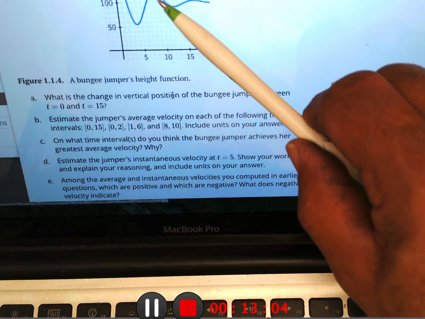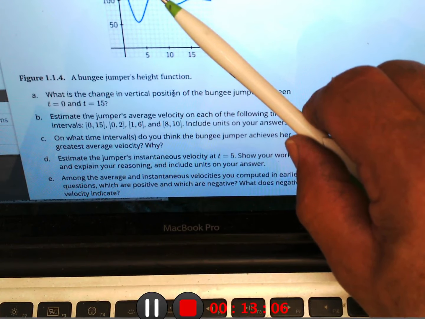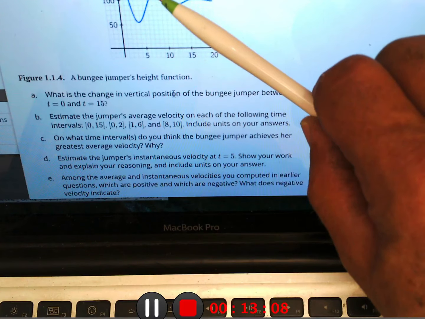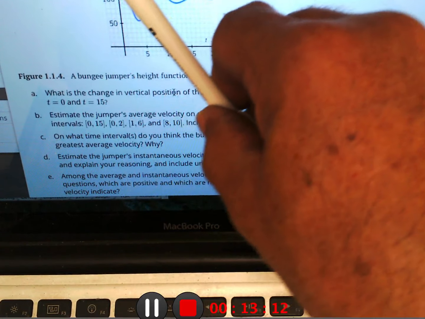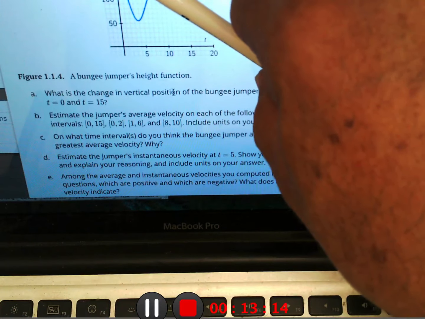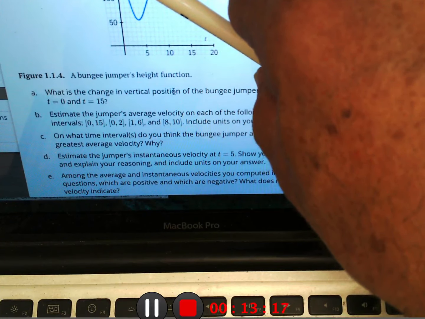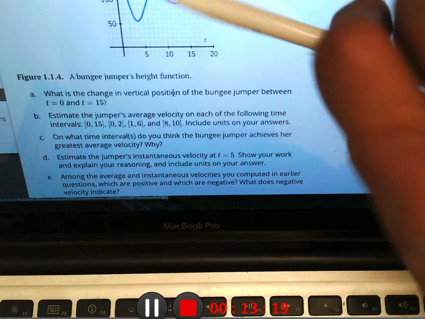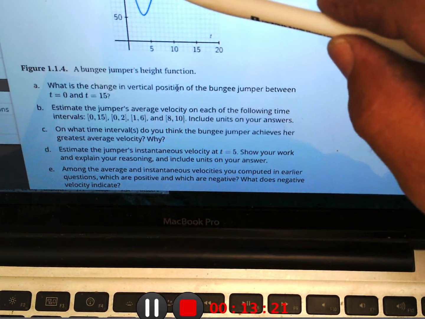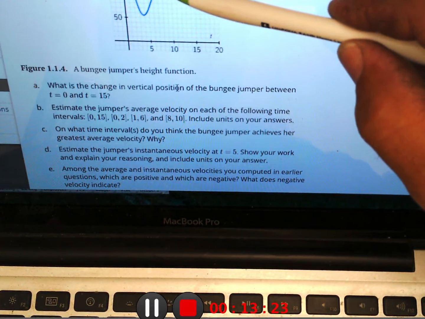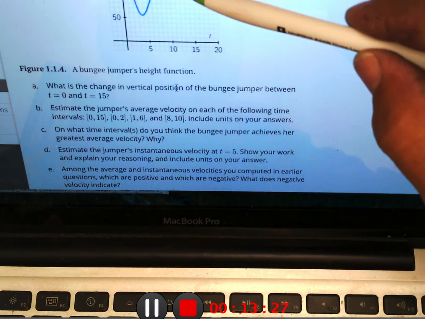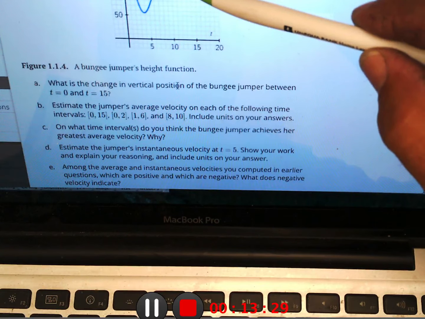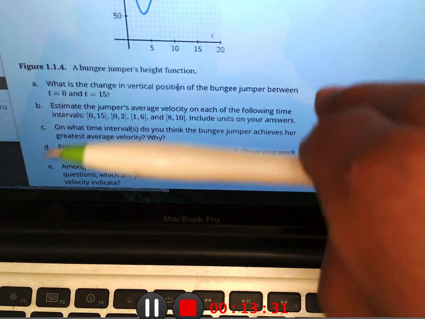So the greatest would be the smallest negative, and that would be from 8 to 10. Very steep and gets less and less. Oh, I guess no, 0 to 15 is pretty slight. 8 is here, 10 is here. That's going down about that steep. That's less. 0 to 15 has the least steepness.